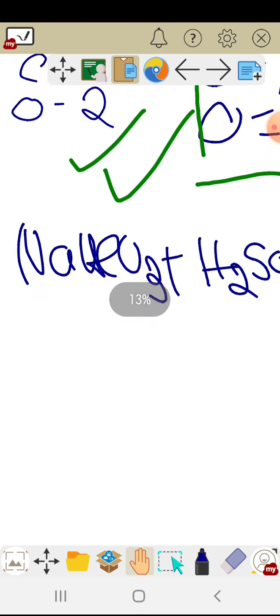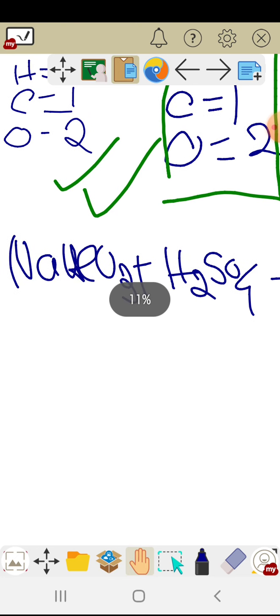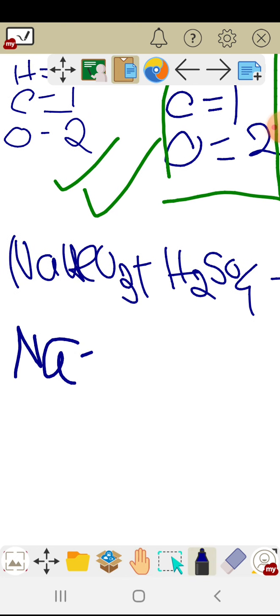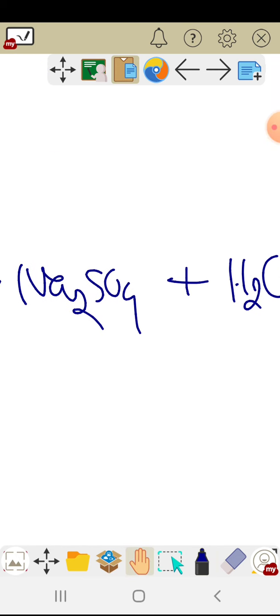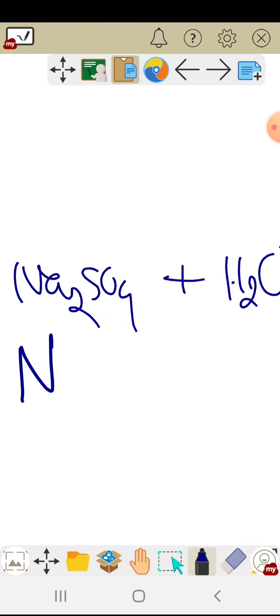Moving on, this is the LHS side. See what is there? Na is 1, H is 3, C is 1 and oxygen is 7. Oxygen is 7 here, 4 plus 3. RHS: Na is 2.